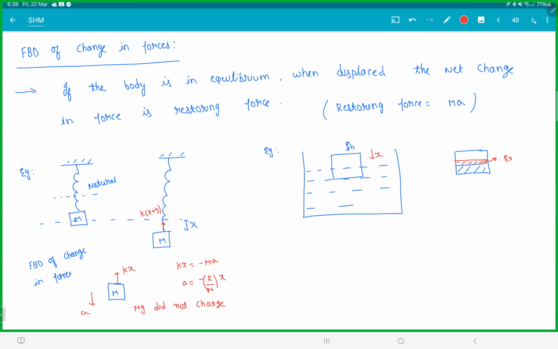This is the extra buoyant force. The blue one is anyway cancelling mg there. So again, in the FBD we write the change in buoyant force. We don't write the buoyant force in the FBD, we write the change in buoyant force, which is rho liquid, length L square, x, g. mg did not change, so we do not write it. Acceleration.